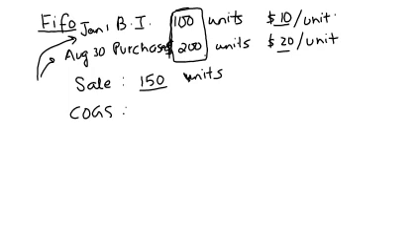In other words, if we costed these 150 units at $20 per unit from the August 30th batch, the cost of goods sold is going to be different and the gross profit is going to be different.